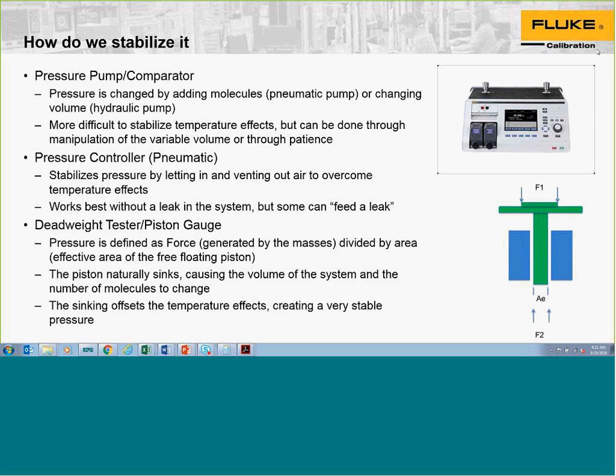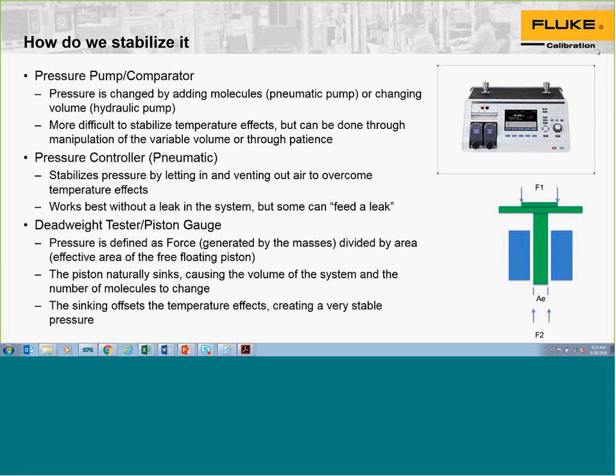In our diagram to the right, we have our force from the mass acting down, asserted by gravity, acting down on the piston. We have effective area given by A sub E, which is the effective area of the piston cylinder, and there's a force being applied, pushing it up and causing the piston to be floating.